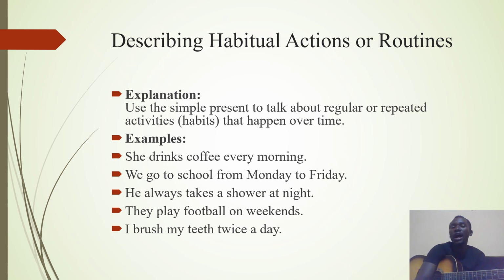That will be: I brush my teeth twice a day. I think you can see some examples where you normally express that you do something regularly, maybe weekly, yearly, monthly, daily, every Tuesday. All those sentences are routines and habitual actions. So they should be expressed in simple present tense.